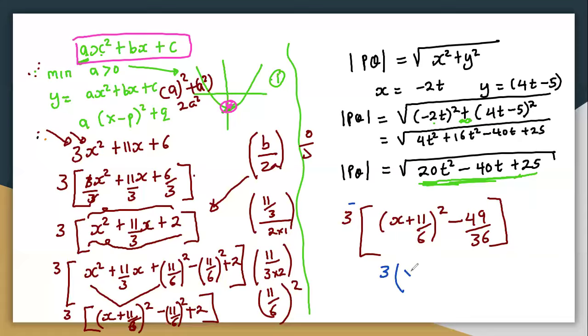You say this is the same as 3 times x plus 11 out of 6 squared, minus. Remember this 3 affects this, and it also affects that. So this is now 49 out of 36 times the 3, and then this one remains the way it is. Here you can reduce 3 by 36 to 12. So your answer remains like that.